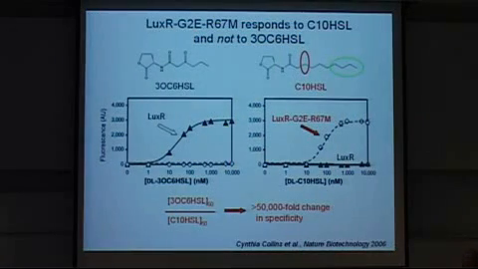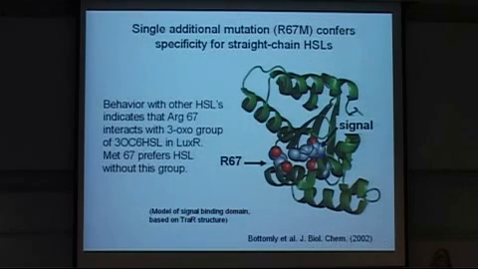And so we did this, and we were able to find a variant called G2E R67M. It can activate at C10, and it doesn't activate at 3OC6 anymore. So it's changed its specificity of the protein.